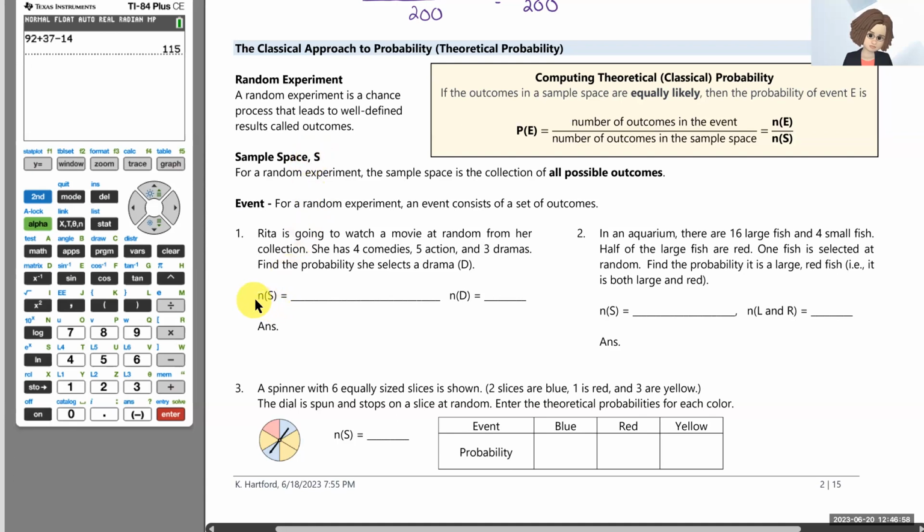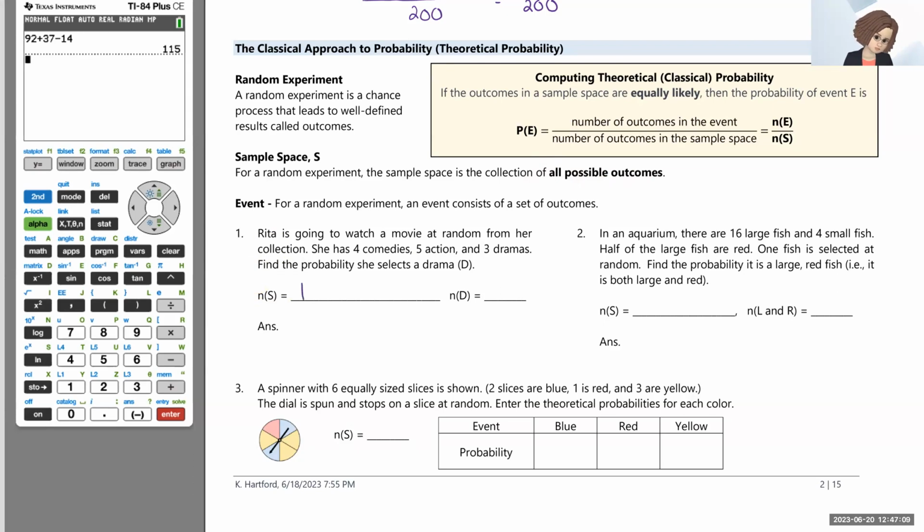So I want to first find the number of items in the sample space. So in other words, everything that could possibly happen. So in Rita's case, how many different movies are possible? So she has 4 comedies plus 5 action plus 3 drama. So the number of movies she has, the number of items in her sample space is 12.